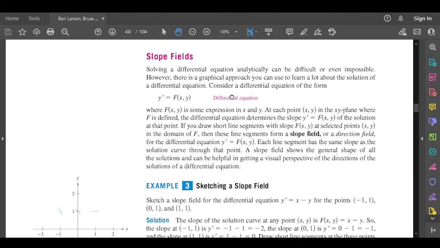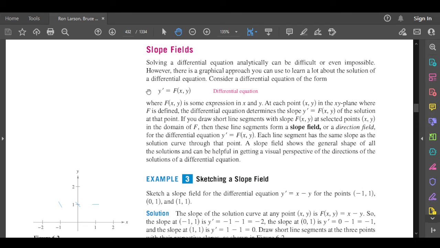Okay, so consider this differential equation given by this form, y' = f(x, y). So it is in terms of the variables x and y. At each point (x, y) in the xy plane, f is defined and the differential equation determines the slope. We know that the derivative of a function is the slope of the graph of the function at the specific point.